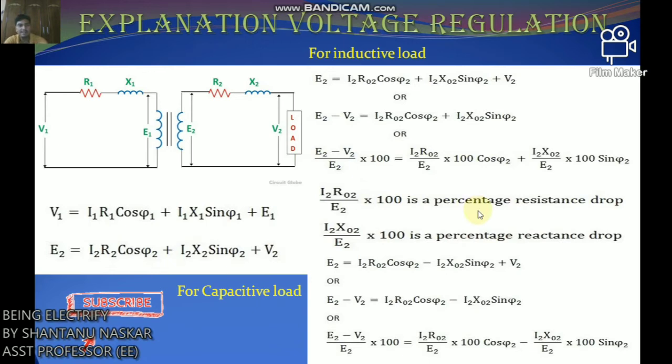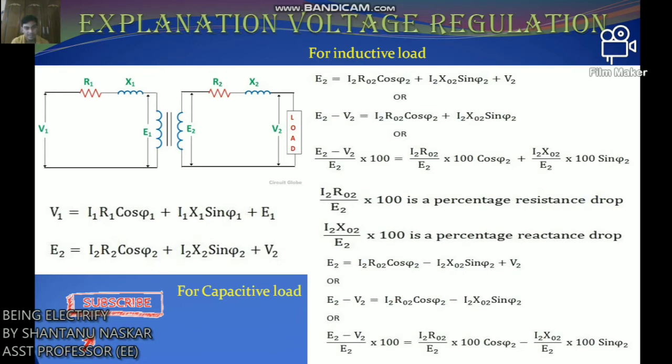So now let us understand the voltage regulation by taking an example. If the secondary terminals of the transformer are open circuited or no load is connected to the secondary terminals, the no load current flows through it. If no current flows through the secondary terminals, the voltage drop across the resistive and reactive load becomes zero. The voltage drop across the primary side of the transformer is negligible.